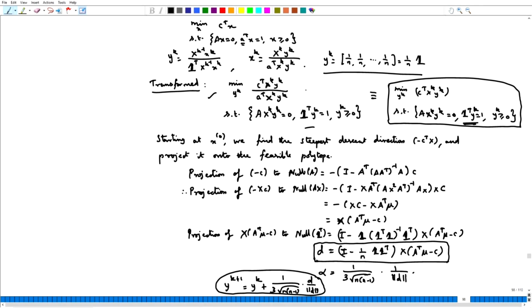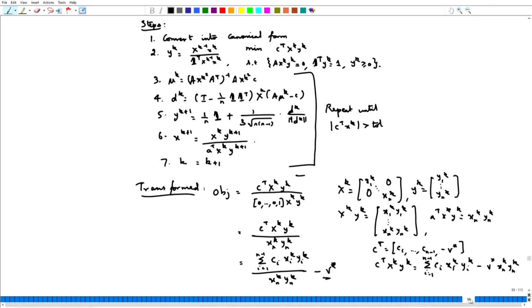That is the reason why we are sticking to this even when you do not know V star. So, what I have told you is how to get around the issue of using C transpose x k y k without knowing the value of V star. That is one thing that we have got around. We also need to get around the stopping criterion, which I will discuss in the next lecture. Thank you.